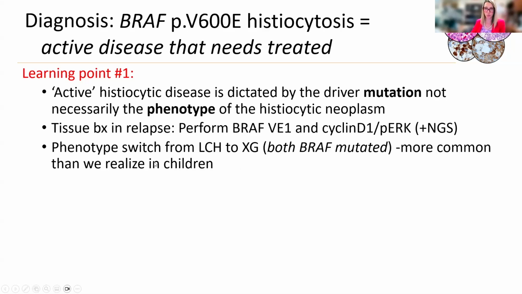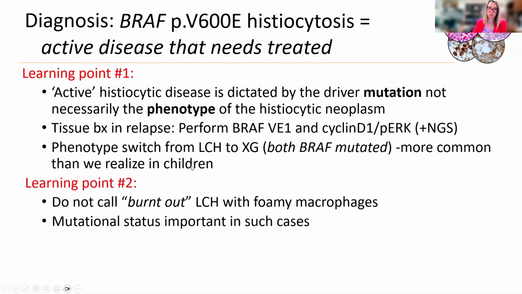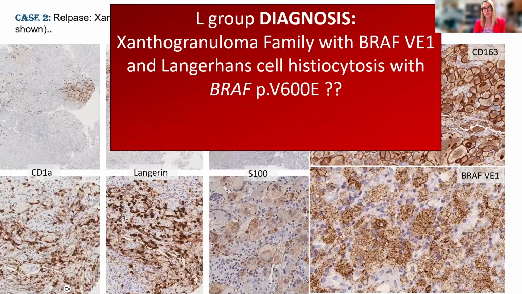So we're seeing this more in children, especially with an LCH first and then this more xanthogranulomatous look. So whatever you do, don't let your pathologist call this burnt out LCH, never with foamy macrophages. Maybe prior to 2010, when we didn't know that these were mutated, but it is very important to know the mutational status.